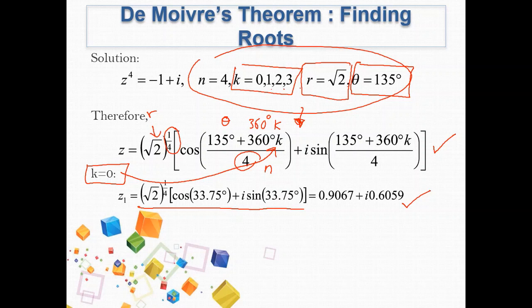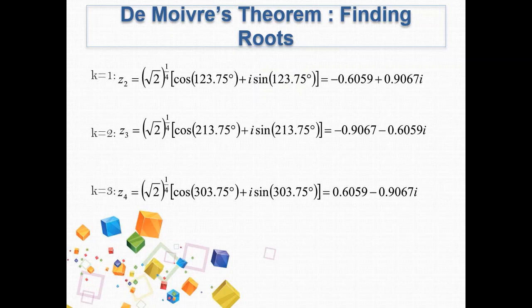Now proceed to k equal to 1. When you substitute k equal to 1 into the equation that we have just now, divided by 4, so now k is 1, you get 360 plus 135.